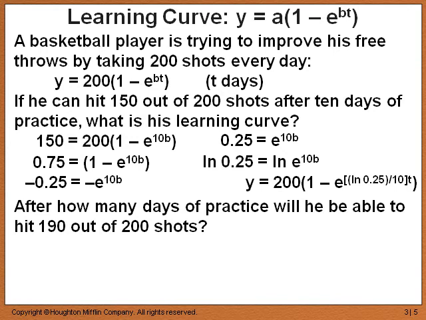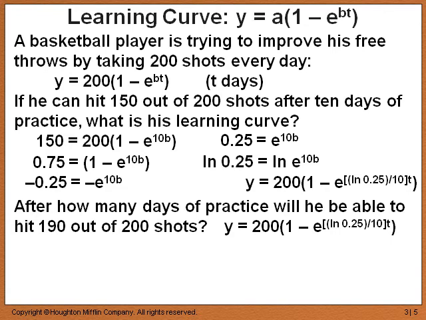After how many days of practice will he be able to hit 190 out of 200 shots? Pause the video, try to figure this out, and then resume when you have an answer. We're going to use the learning curve that we already found in the previous question.